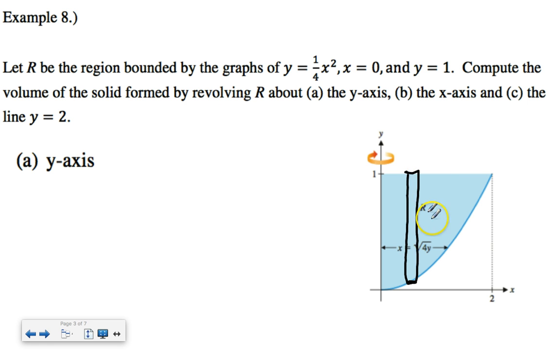It's actually parallel to it, which requires a method that we haven't covered yet called the method of shells, which will be in the third video of 3. So when this happens, I need to take my rectangle and rotate it to make it a horizontal rectangle. So this should be my rectangle.